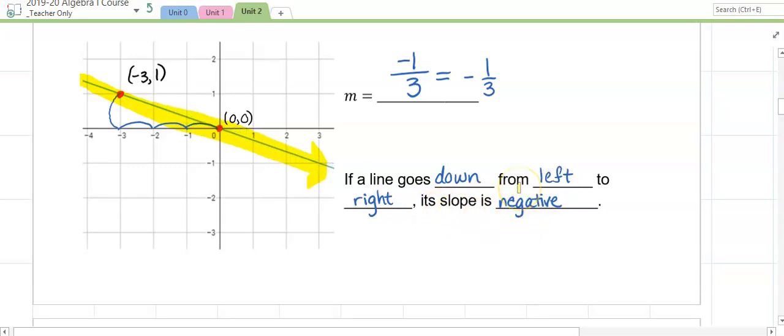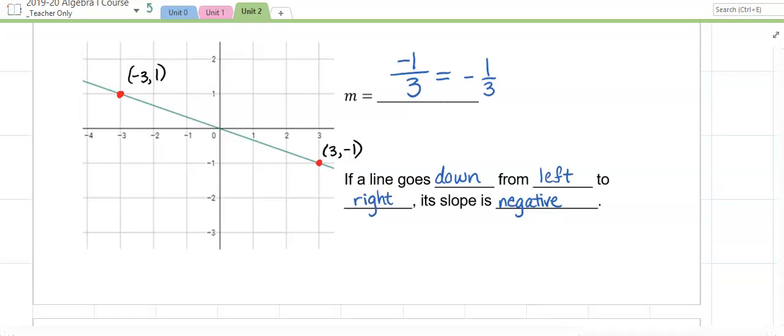My slope is negative. Now, something people question, they say, well, what if I pick 2 different points? What's going to happen? Let's see what happens. What if I had picked this as my second point? That's the point 3, -1. I'm going to get rid of that original second point. Let's still count from the first point on the left to the next point on the right.